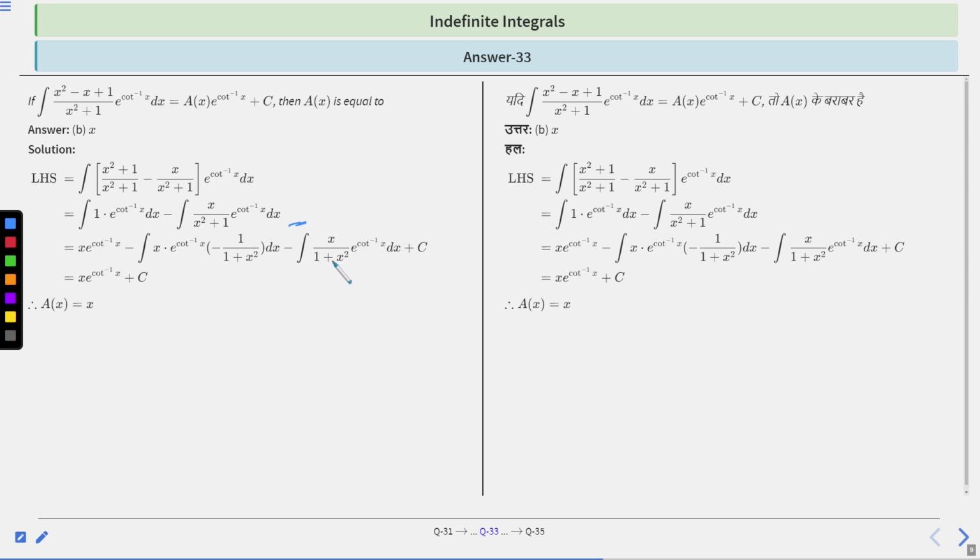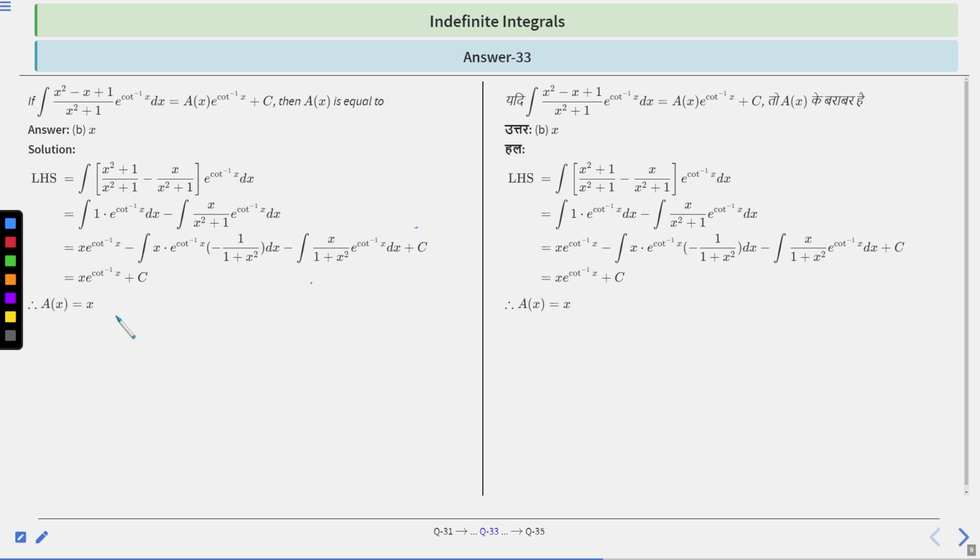Now you will see that this will be plus minus into minus plus, so this term and this term will cancel out. Clear? Therefore, you are left with x into e to the power cot inverse x plus c as the final answer.